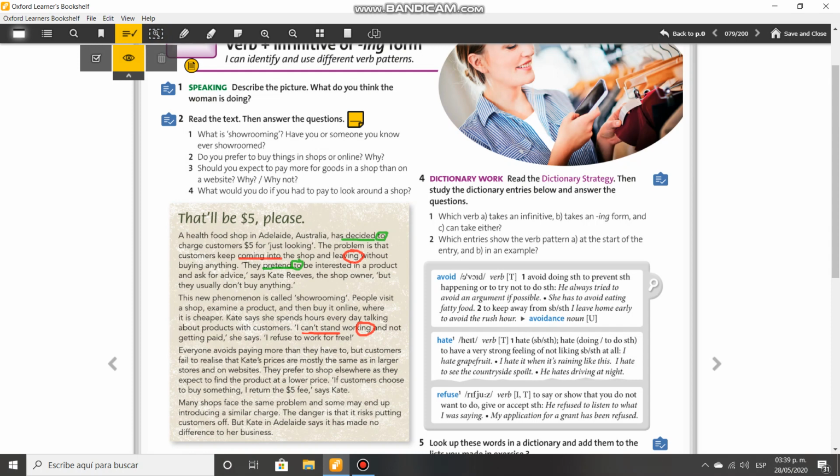This new phenomenon is called showrooming. People visit a shop, examine a product, and they buy it online, where it is cheaper. Kate says she spends hours every day talking about products with customers. I can't stand working and not getting paid, she says. I refuse to work for free.